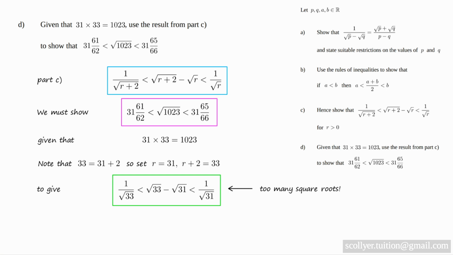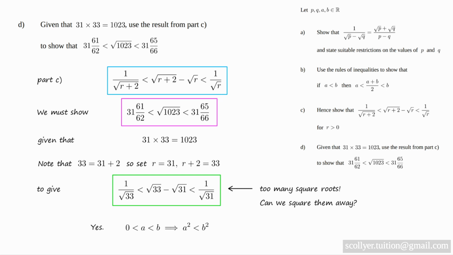And the obvious thing to wonder is, can we square them away? Because that would make the two inequalities more similar. And the answer to that question is yes, due to this fact. If a and b are positive and a is less than b, then a squared is less than b squared.